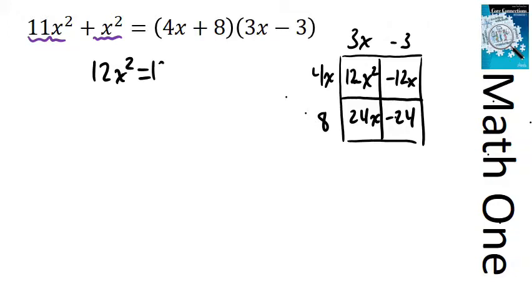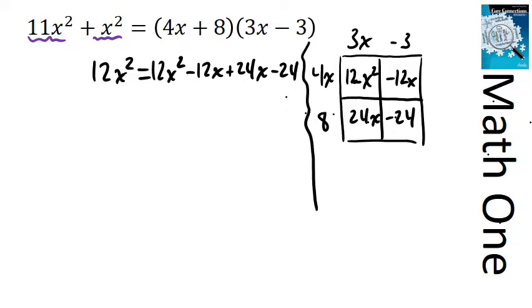So I have 12x squared, and then minus 12x, that's the upper right box, and then plus 24x, that's the lower left box, and then minus 24, that's the lower box on the right.